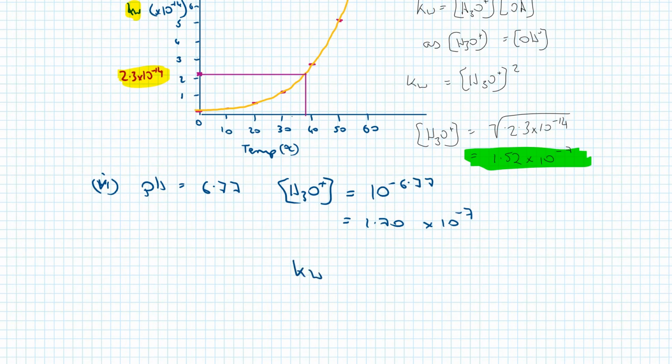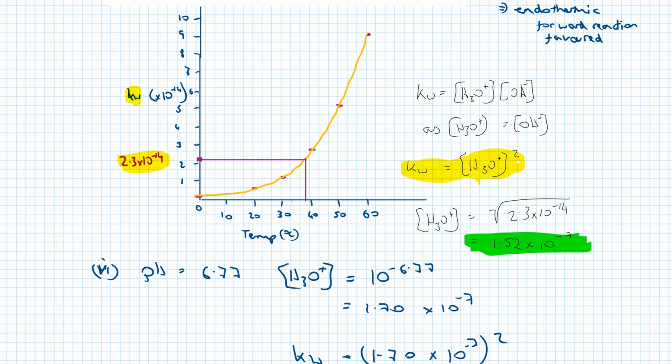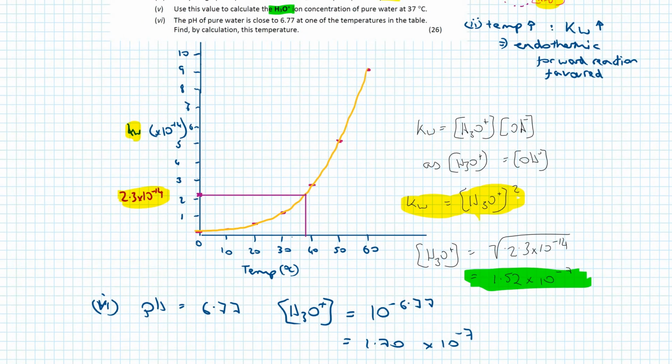So Kw equals H3O plus squared, which we've said here. So Kw equals 1.70 by 10 to the minus 7, squared. And you can just square your answer in your calculator, and you get a figure of 2.88 by 10 to the minus 14. So the question says the pH is 6.77 at one of the temperatures.